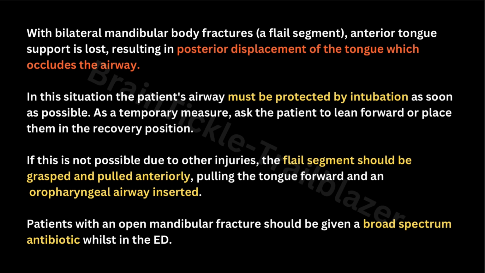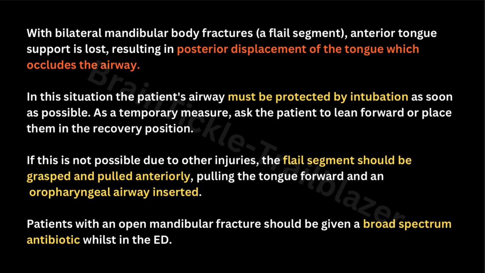The thing that you have to do as an ER physician is to manage the ABCDE of the patient, which stands for airway, breathing, circulation, disability, and exposure. And in this case, airway is the most important component.